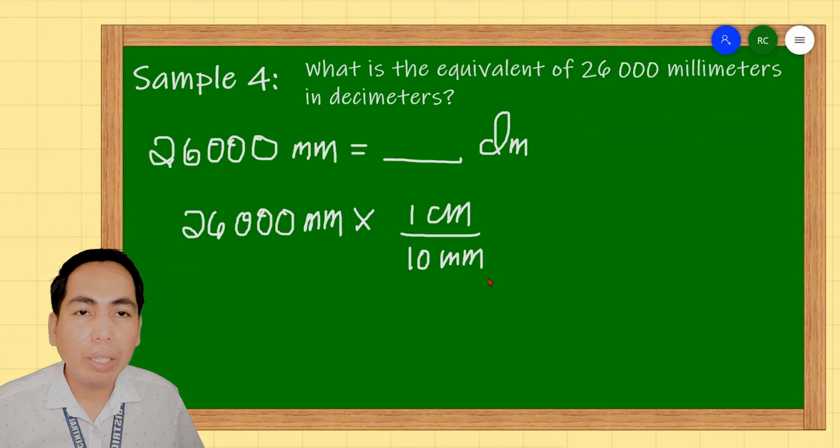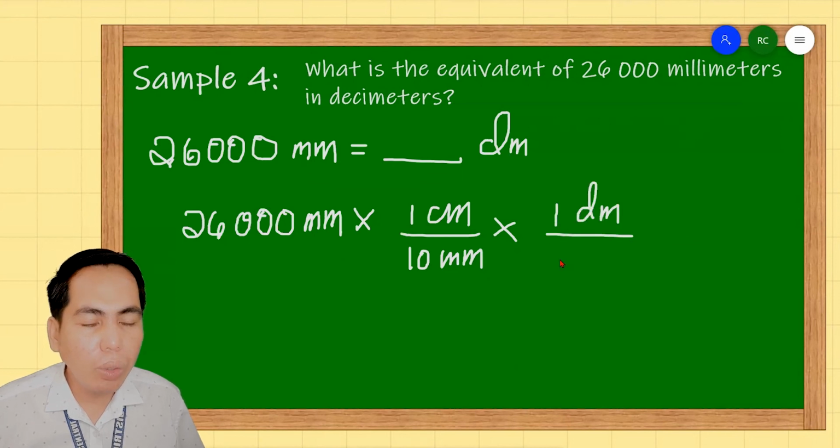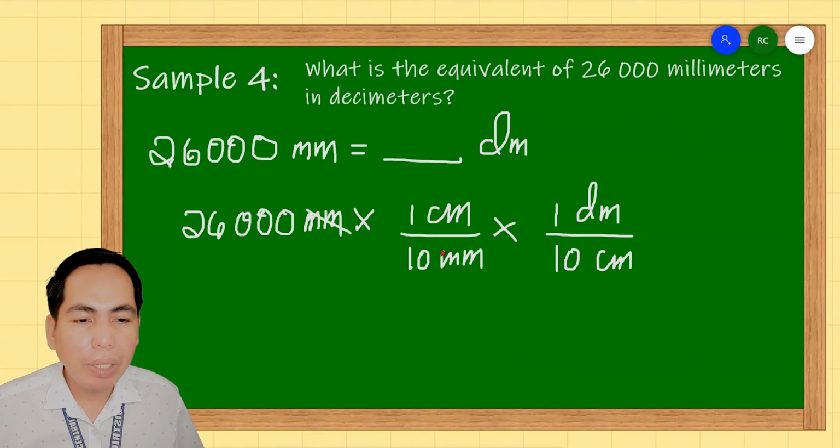And then after that, we are going to convert this centimeter into decimeter. So we are going to multiply further by the ratio of 1 decimeter is to 10 centimeters, so that centimeter can be canceled out also, and what is left is decimeter. Now, millimeter is canceled out, centimeter is canceled out.